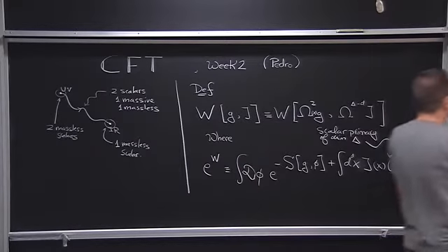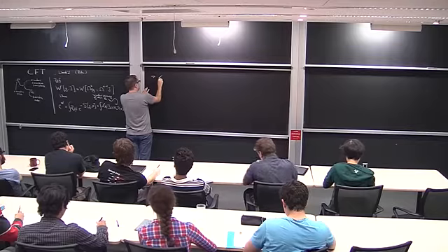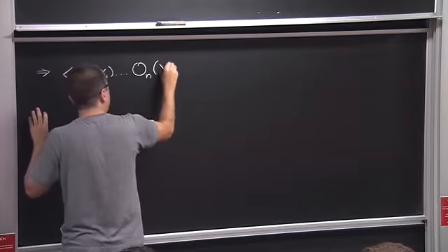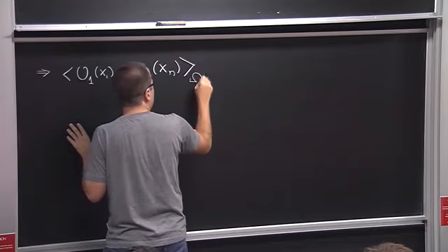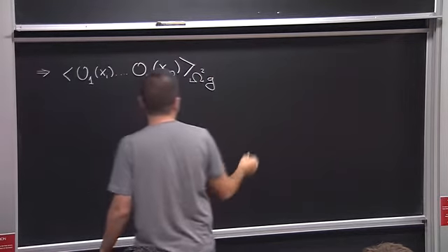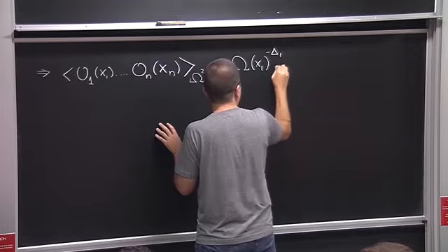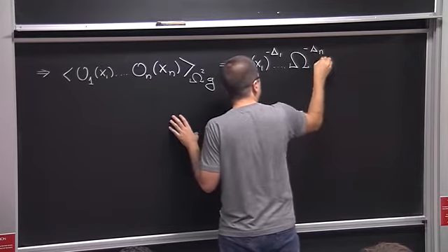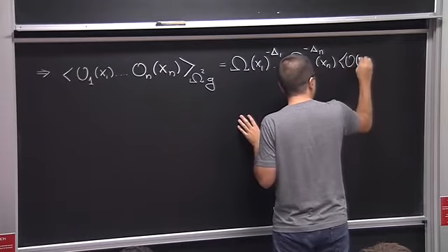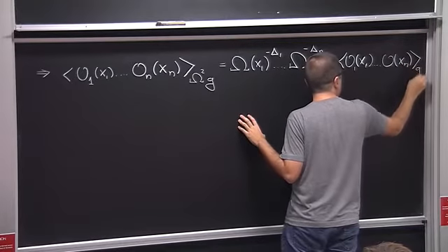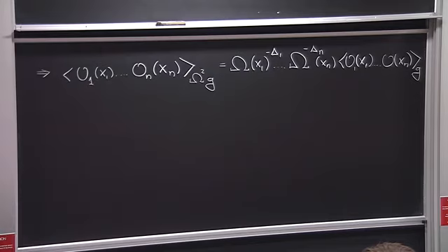In particular, this definition implies that correlation functions of your theory, O1 at the point x1, On at the point xn, in a spacetime which is omega squared g, in a Weyl transformed spacetime, is equal to omega at the point x1 to the power minus Delta 1, omega to the minus Delta n at the point xn, times the correlation function of our operators in the spacetime prior to doing this local scale or Weyl transformation. Okay? So this is an implication.